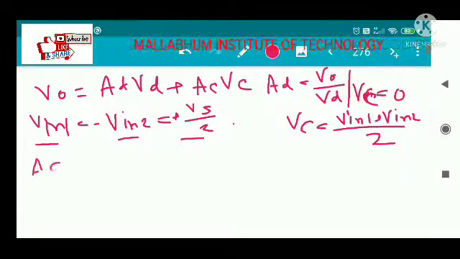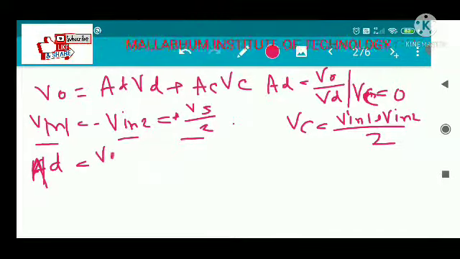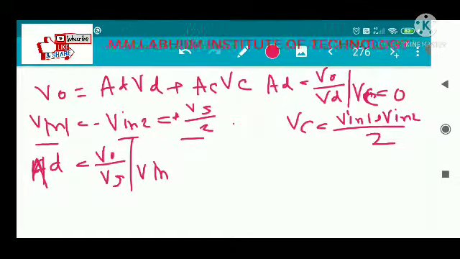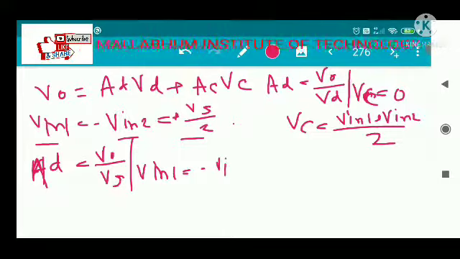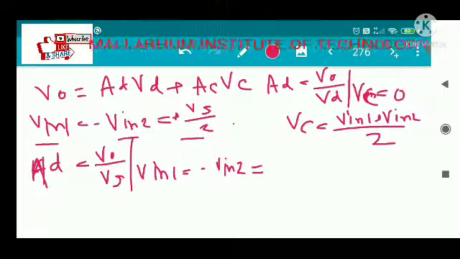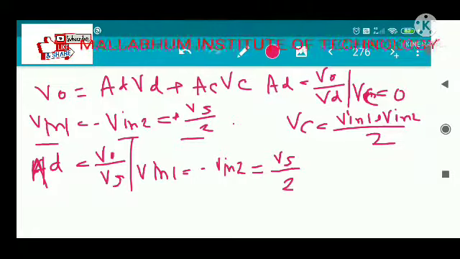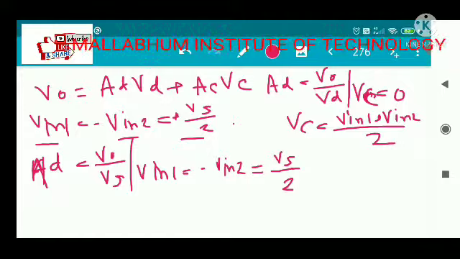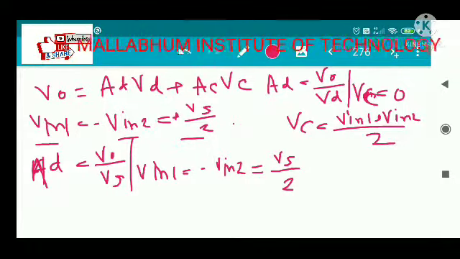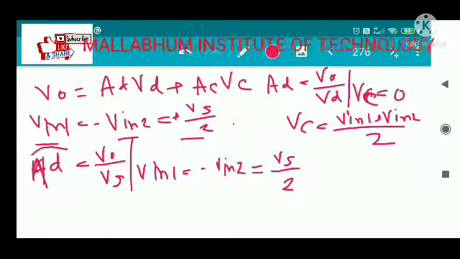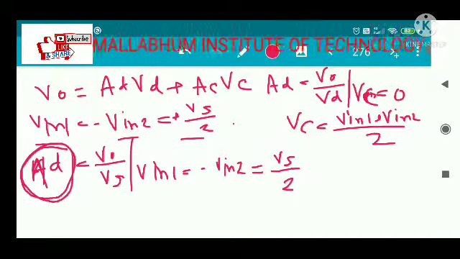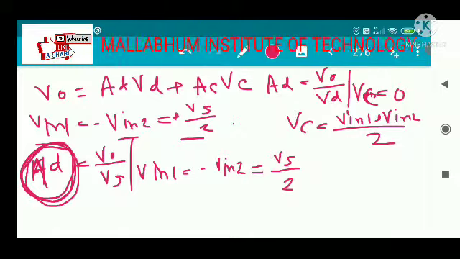So AD is nothing but V0 divided by Vs, when Vin1 equal to minus Vin2 equal to Vs by 2. Okay, so in the same procedure, as in the previous case where we calculated the common mode gain, here we will also calculate the differential mode gain AD, and by taking the ratio of these two, we will get the CMRR.